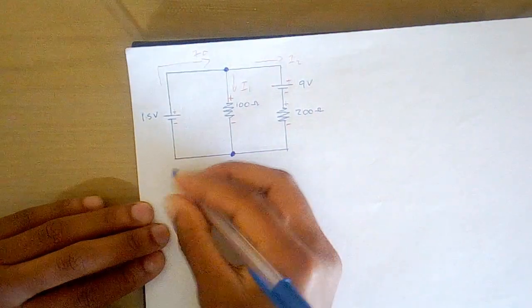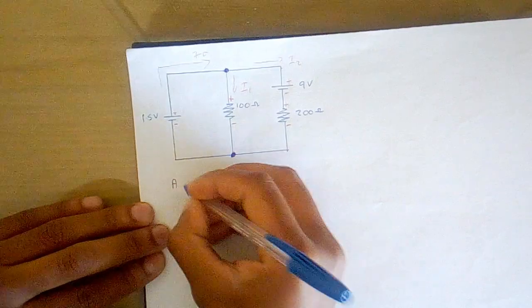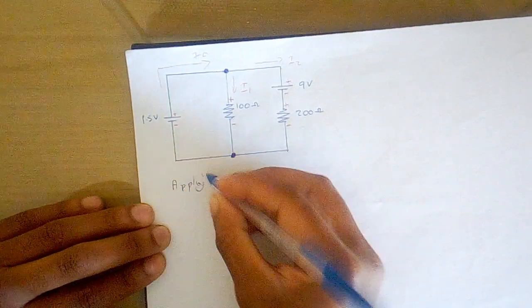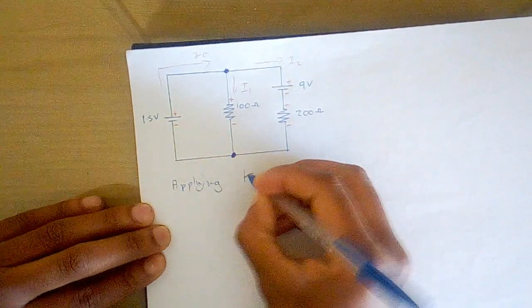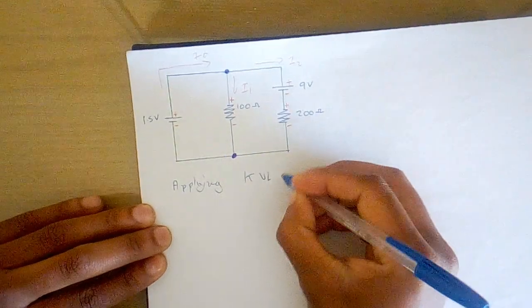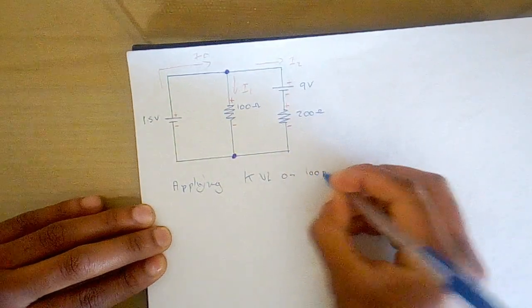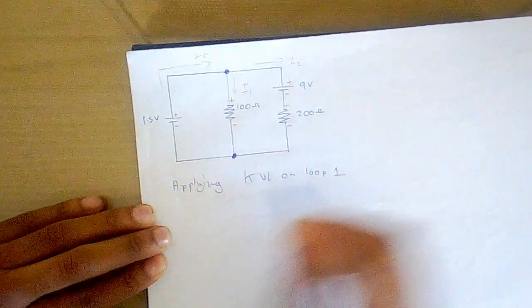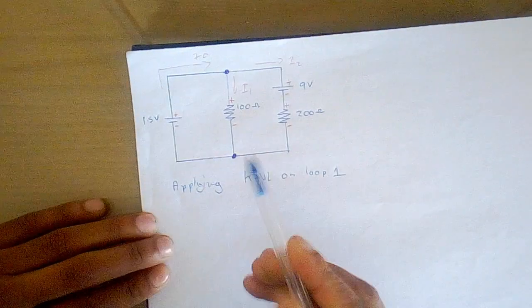So applying KVL on loop 1, this is our loop 1.